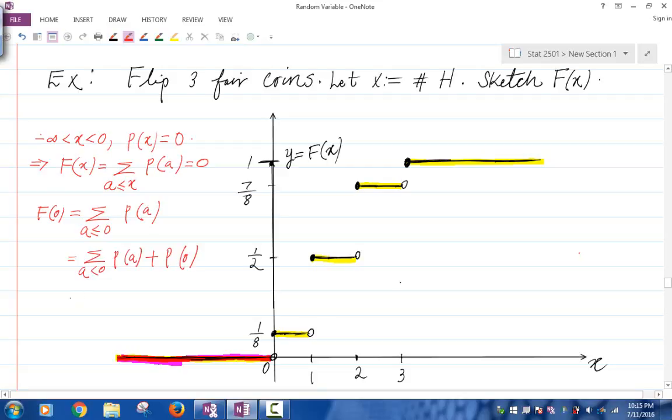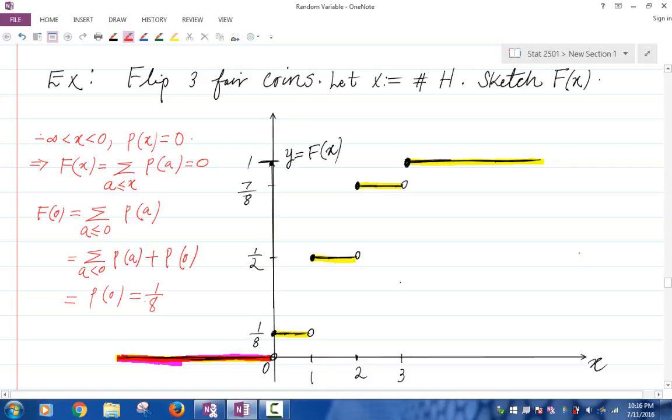But P of a for a strictly less than 0 is 0, so the summation is actually 0, so all I get is P of 0. And P of 0 we know is exactly 1/8. So F of 0 is 1/8.